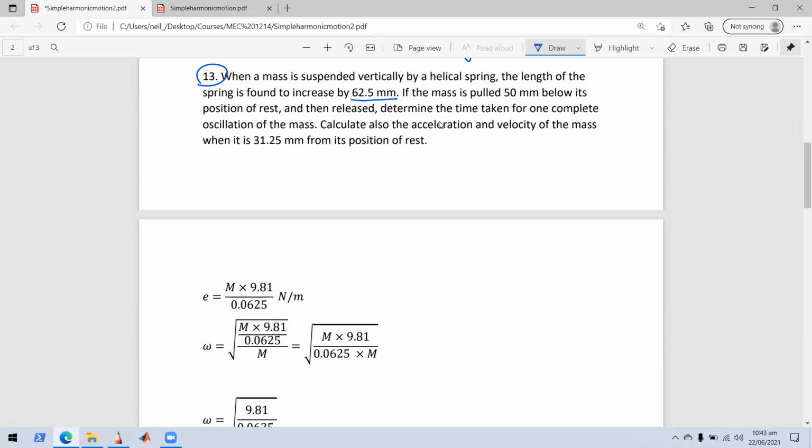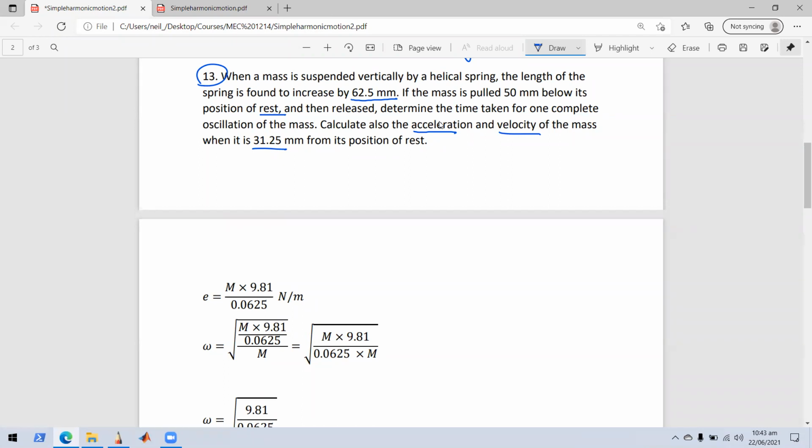If the mass is pulled 5 millimeters below its position of rest, then released, determine the time taken for one complete oscillation of the mass. Calculate also the acceleration and velocity of the mass when it's 31.25 millimeters from its position of rest.